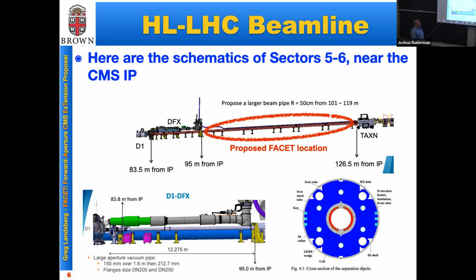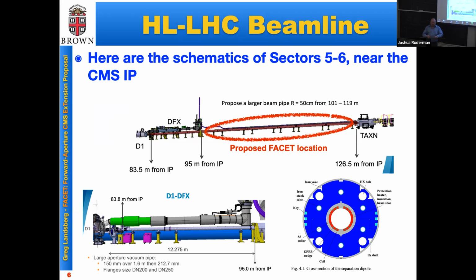So here is the schematic of the space where we want to install FACET. This is sector 5-6. Here, this is what would happen for the High Luminosity LHC. They install a big superconducting dipole, D1, to separate the beams. So as you know, the beams are focused, they collide at IP5, and this is the center of CMS.